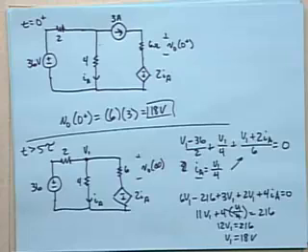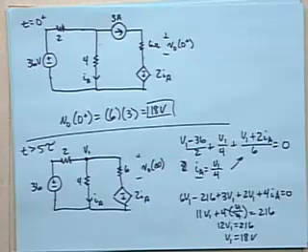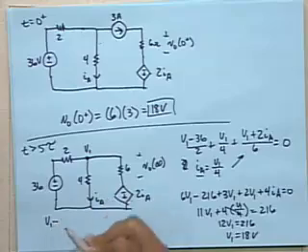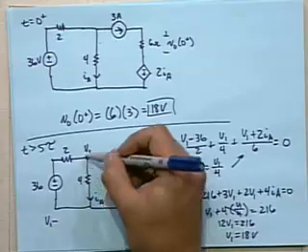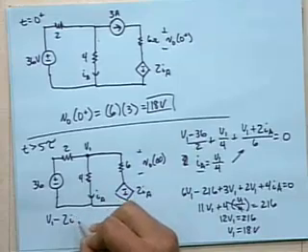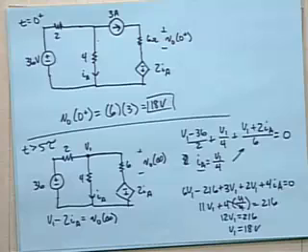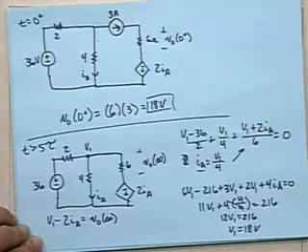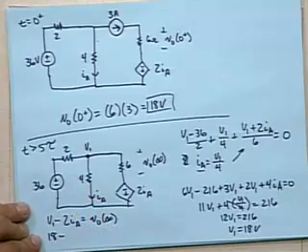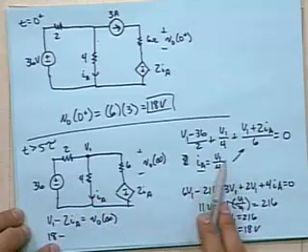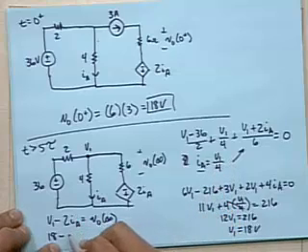That's only part of the problem, though. We need to now find what that voltage V0 is across the 6 ohm resistor. So that is going to be V1 minus the voltage over here, which is 2IA. V1 we solved for is 18 volts. IA is V1 over 4, so that's going to be 2 times 18 over 4.